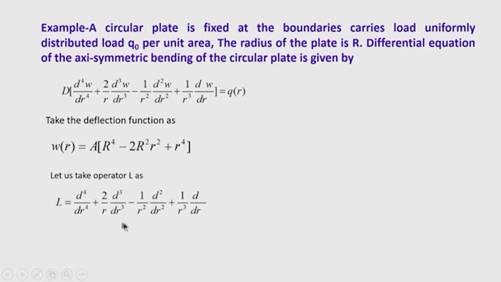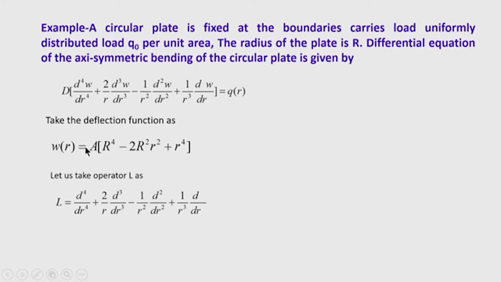So, once you know this operator, the deflection surface of the fixed circular plate can be assumed like that. You can verify that this expression can represent the deflection surface, because it satisfies the clamped edge condition. At the clamped edge, w is 0, that is, if capital R is the radius of the plate, by substituting small r as capital R, you will get w at the boundary is 0.